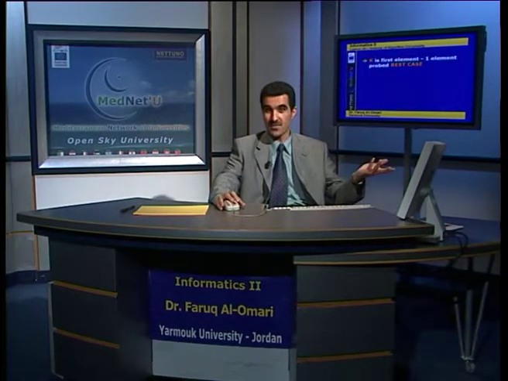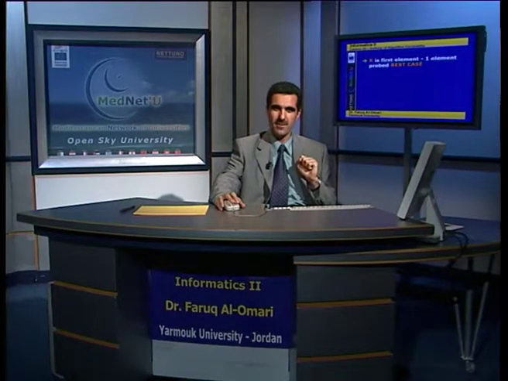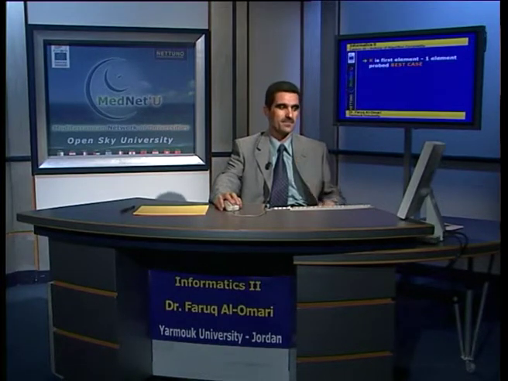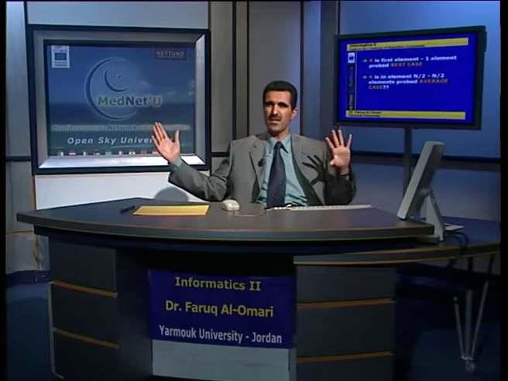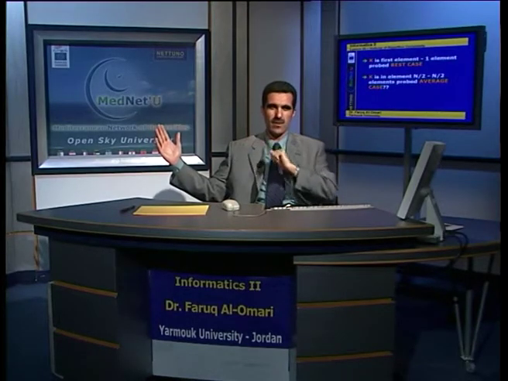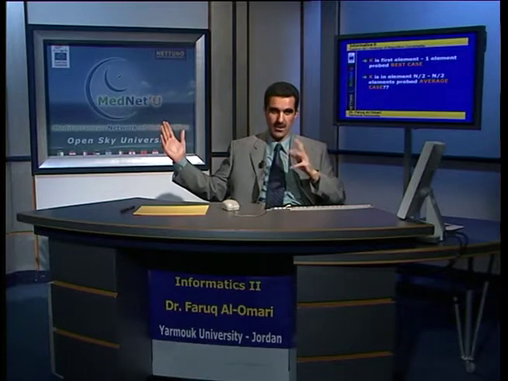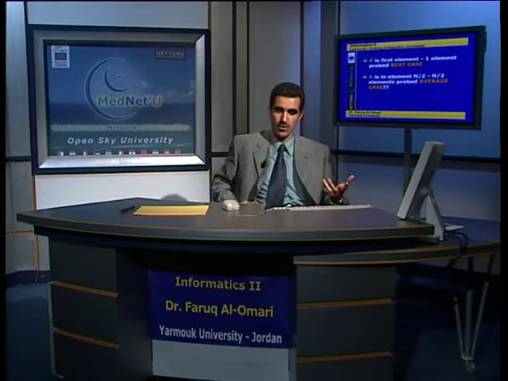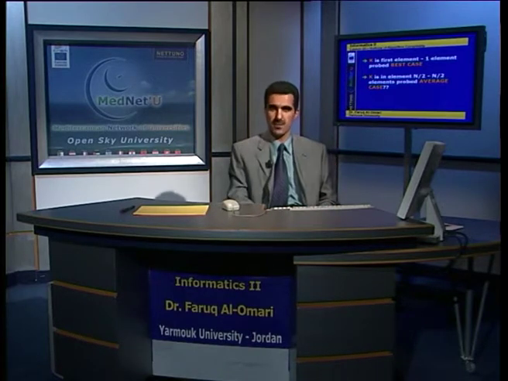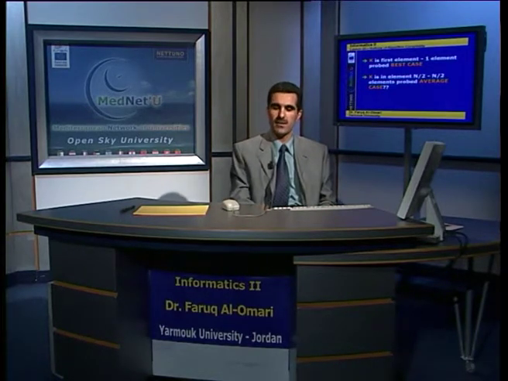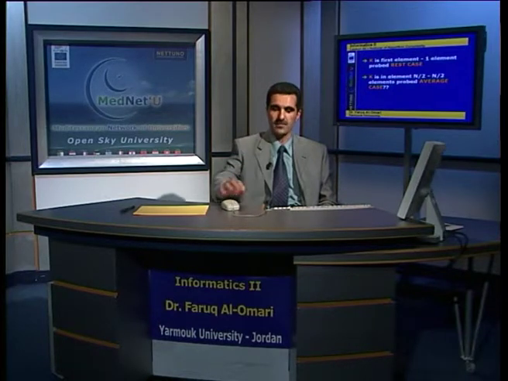Do I look always at the best case? I don't think it's very much informative about the technique. Well, how about the average? Well, on average, we did the analysis. On average, if I have n entries, then I will go halfway and hopefully I'm gonna find it. And we have done the analysis before, right? So actually, on the average, I'm gonna do n over 2 comparisons till I find my target k.